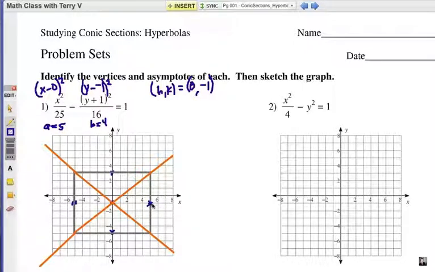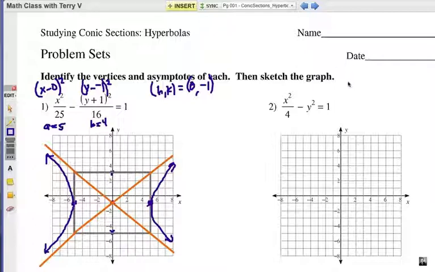From the vertex, the line goes here, approaching the asymptote, and goes here, approaching the asymptote, and the same on the other side. So we're basically doing something like that. Again, we find the a and b values, find the center, draw the rectangle and the diagonals. There you go.